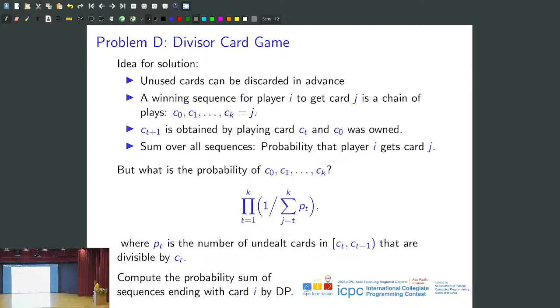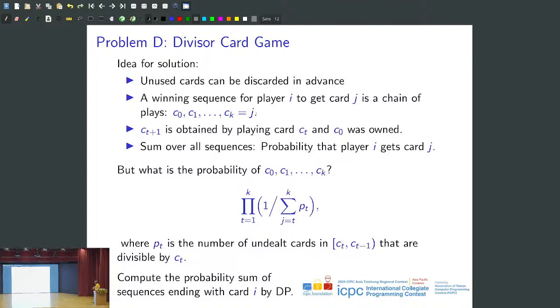You have to track whether you win some card, for example, if the player i wins the card j. And this happens if there's a sequence of cards the teacher plays which allow you to get this card j. And it's very complicated because you can use cards that you won in an earlier round.